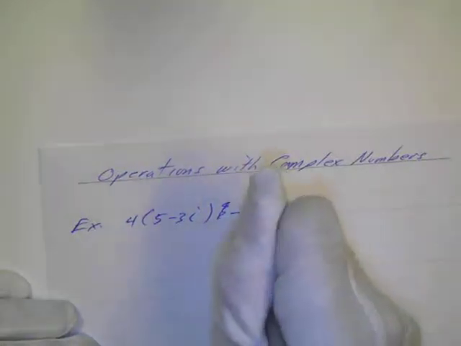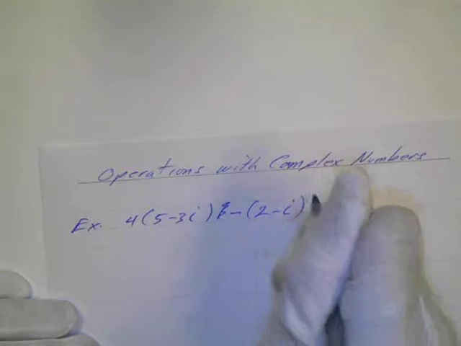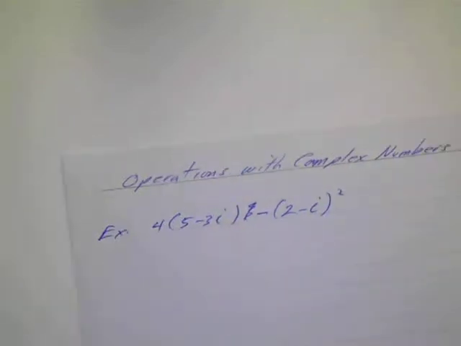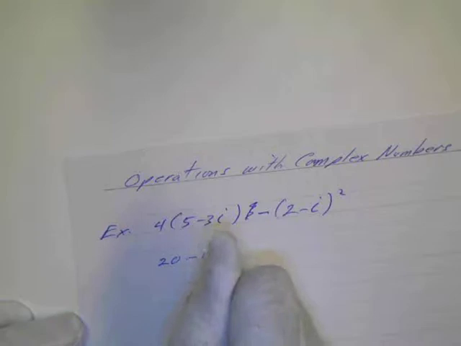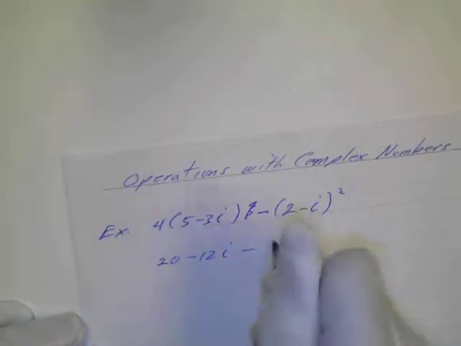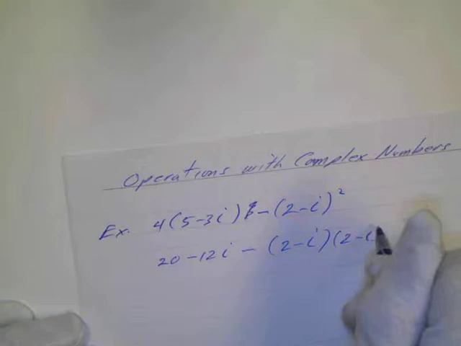Minus 2 minus i, squared. So I can multiply this out. This is going to be 4 times 5, just distribute. 20 minus 12i minus, and I'm going to write this out, 2 minus i times 2 minus i.